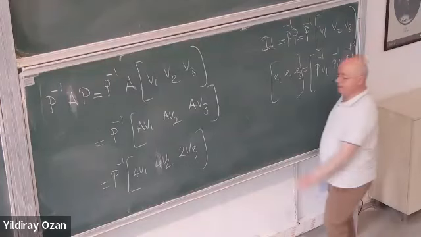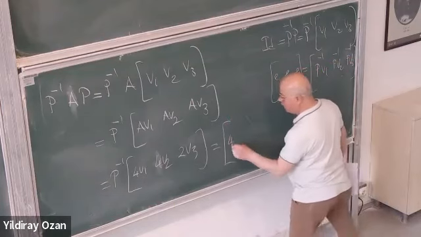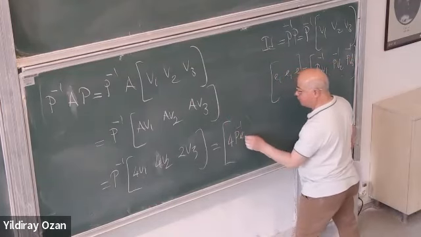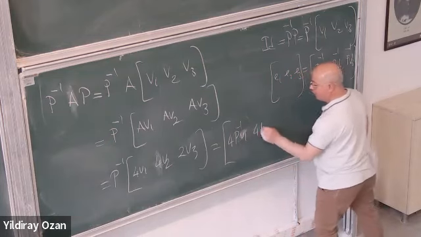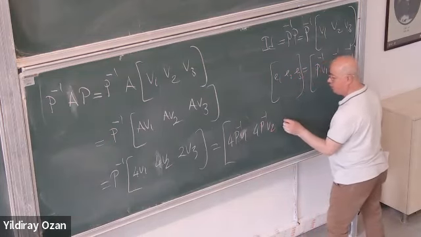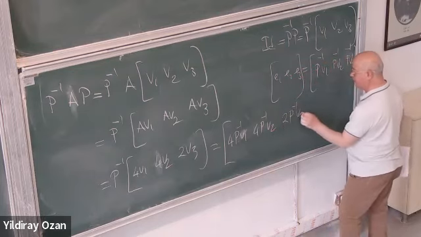So what is this then? This is just 4 times P inverse times V1, 4 times P inverse times V2, and 2 times P inverse times V3.